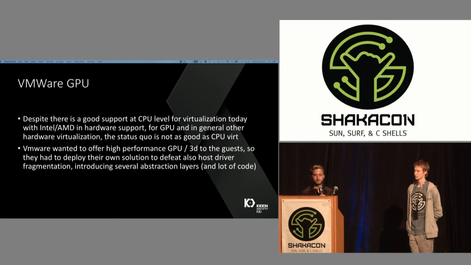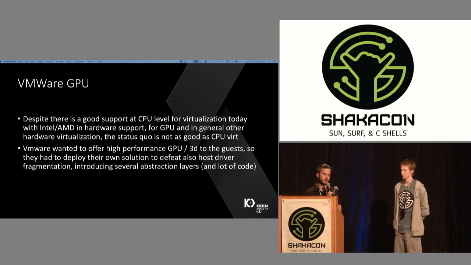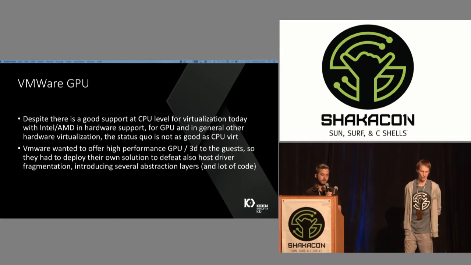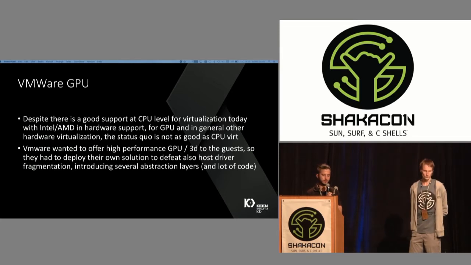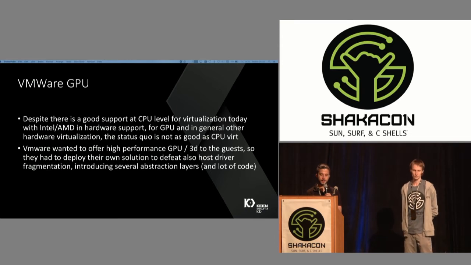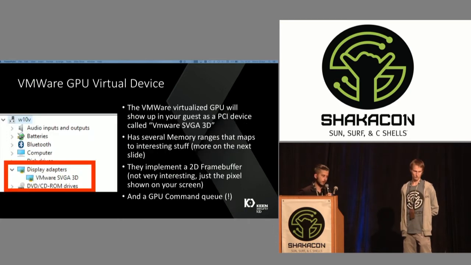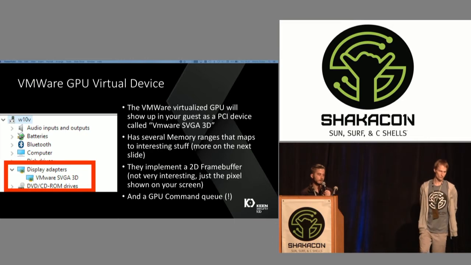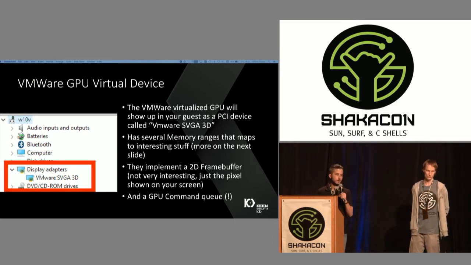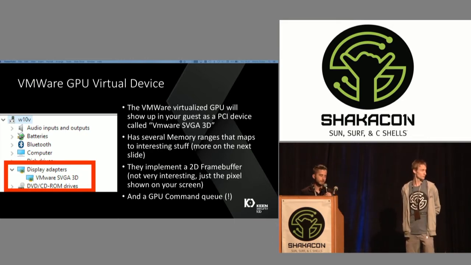In this way, VMware can also reduce fragmentation and basically not require any additional driver inside of the VM. So if you have a Windows virtual machine, you can look into the system properties, and you will see this graphics card called VMware SVGA 3D, which is a PCI device.